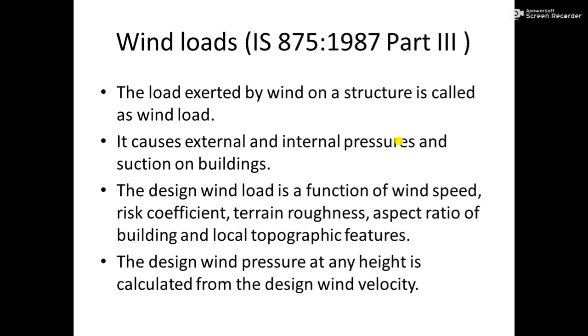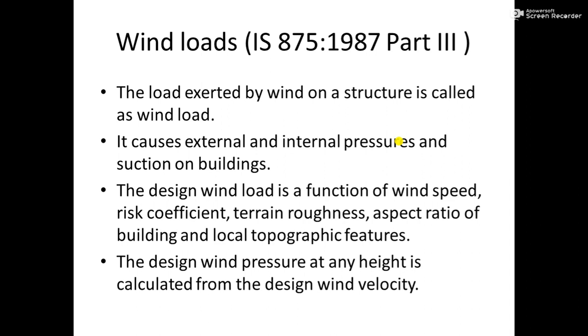Then wind load. The load exerted by wind on a structure is called wind load. It causes external and internal pressures and suction on the building. When wind acts on the roof structure, that side is known as the windward side.